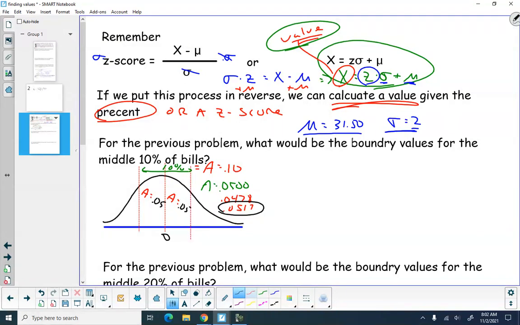So if we take a look at 0.0517, what is the z-score that corresponds to 0.0517? AJ? 0.13.